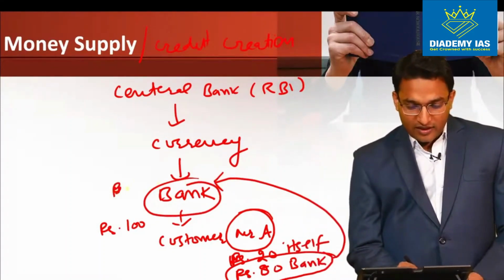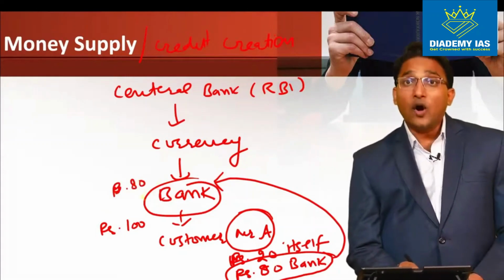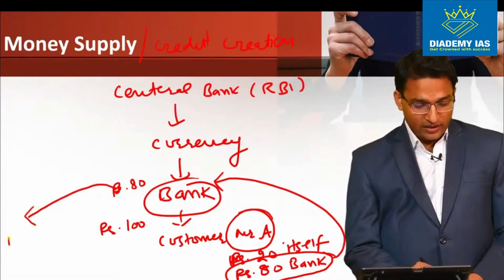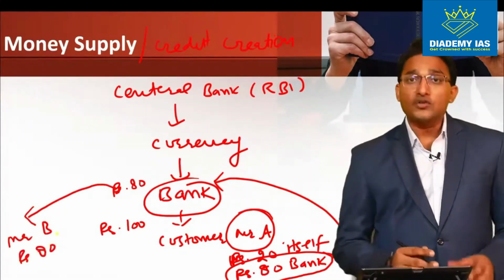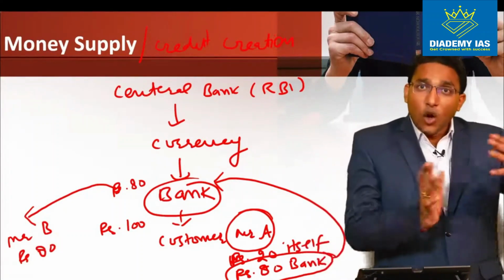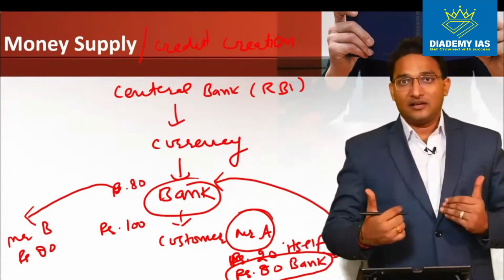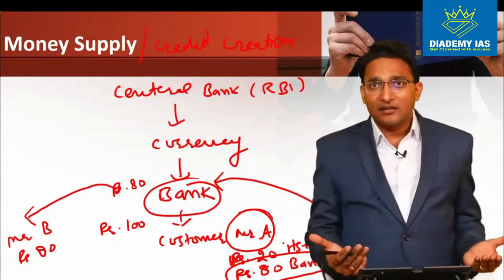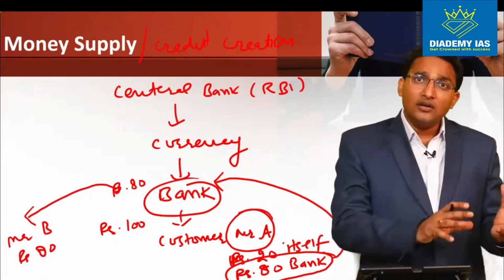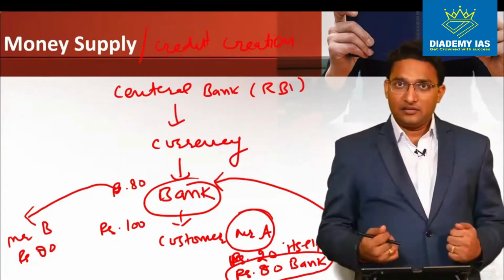When this rupees 80 comes back to the bank, the bank will again give a loan to Mr. B, because the main business of the bank is to give loans and to earn money. That is the only purpose of the bank. Why does a bank exist? They exist so that they can give loans and earn money.